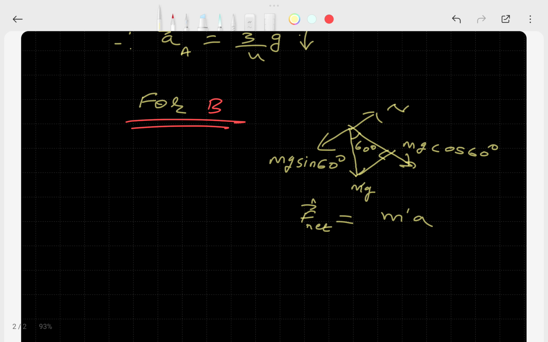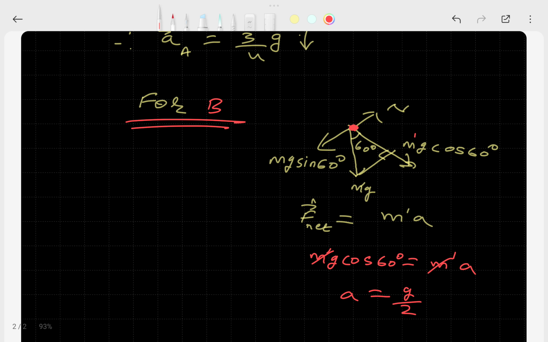What is the net force acting on this block? That is only due to the force of gravity down the plane, because friction is not acting. So m dash g cos 60 degree is equal to m dash a. This acceleration is for B, so you can write a_B. M dash got cancelled, so it will be g by 2. So acceleration will be g by 2. This is for block B.